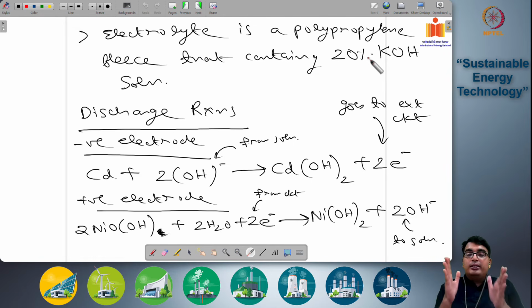Okay, so the reactions during the discharge of this battery, if we look at the two sets of reactions.